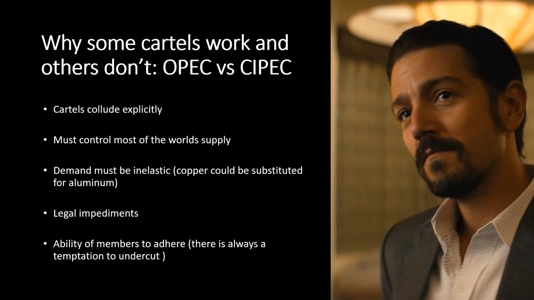Actually, the cartel turned on him, and the government, who was turning a blind eye, I guess, eventually caught up with him. And the cartel broke down. So there also has to be the ability of members to adhere to the terms and conditions of the cartel.